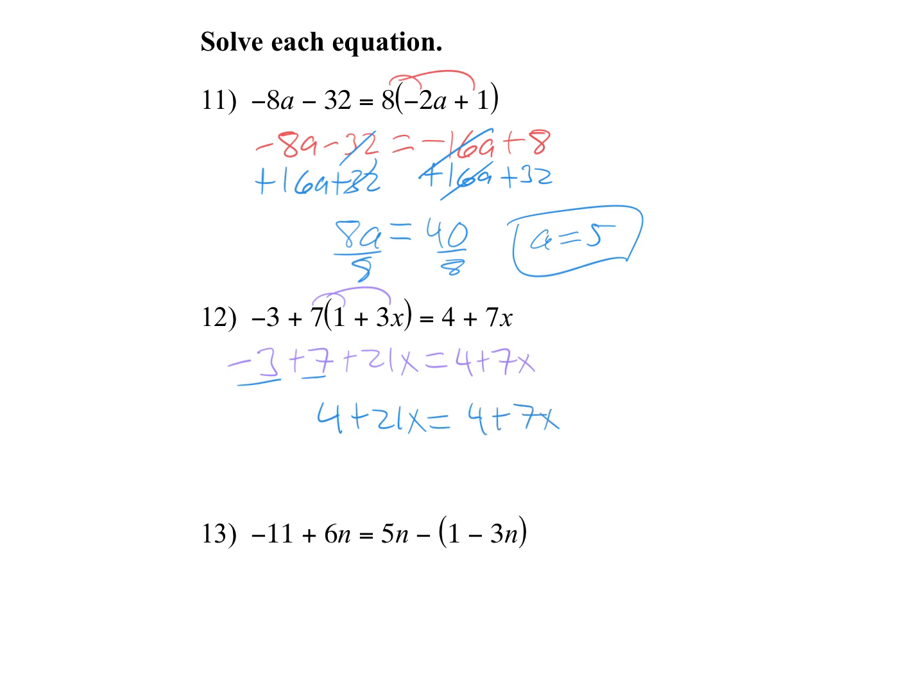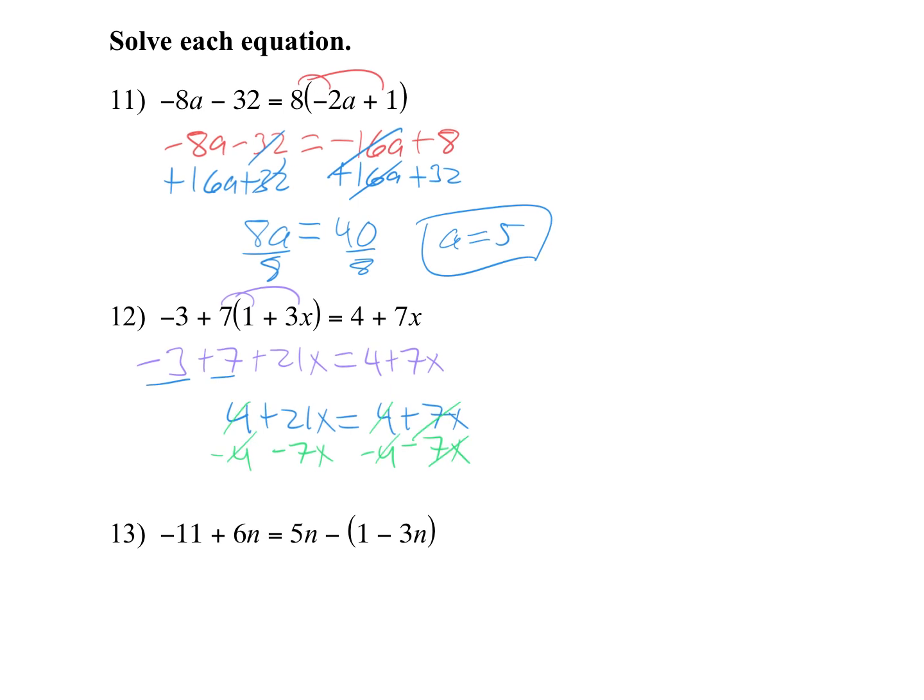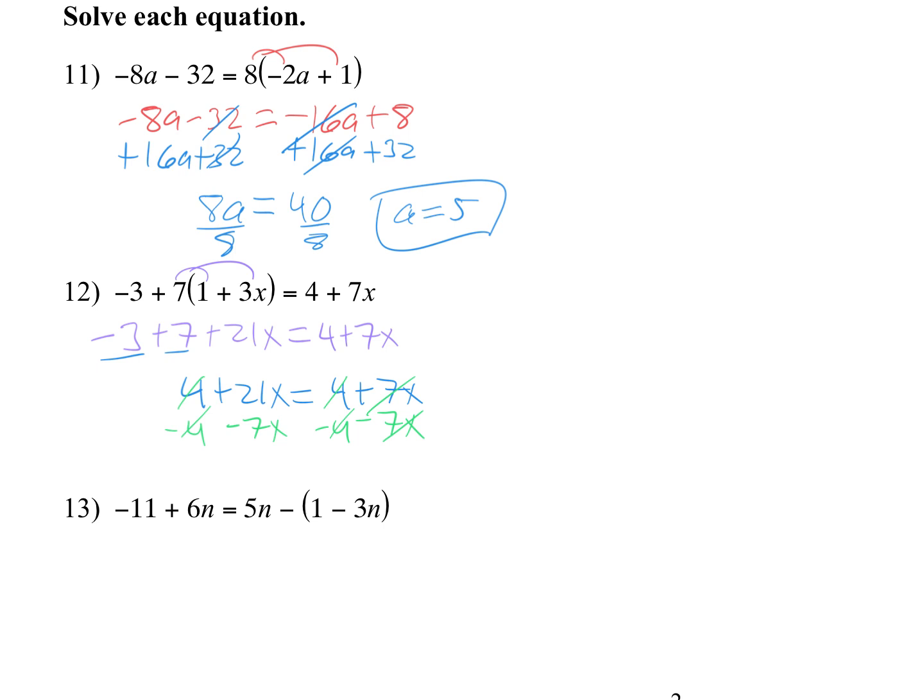All right, and now let's get the x's to one side and the constants on the other. Let's move -7x to the other side, and then let's move 4 to the other side. All right, so -7x cancels, and then 4 cancels here, but 4 also cancels here. So here we're just left with 14x equals 0.